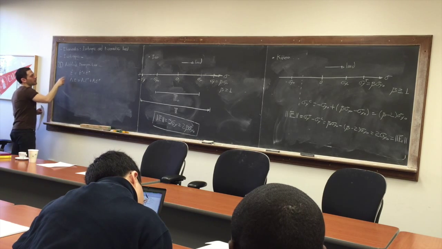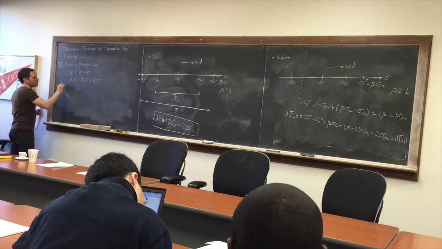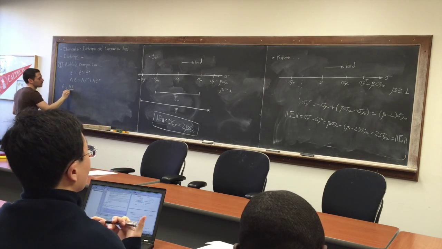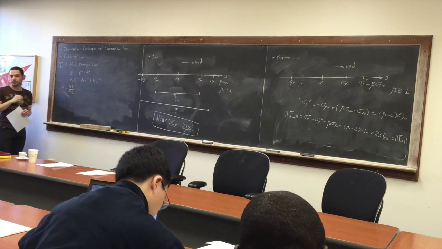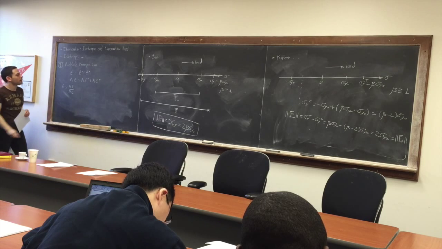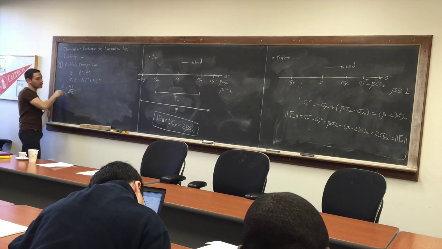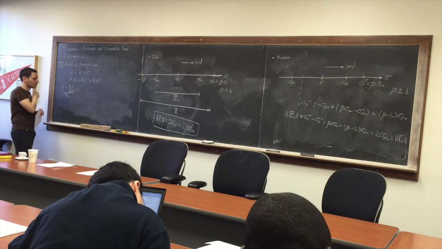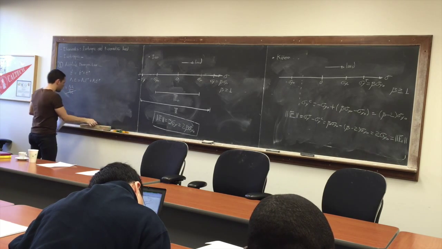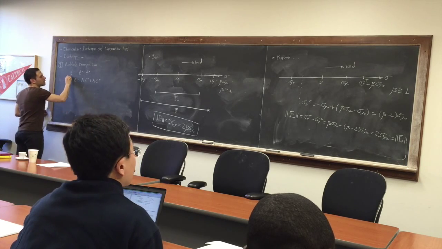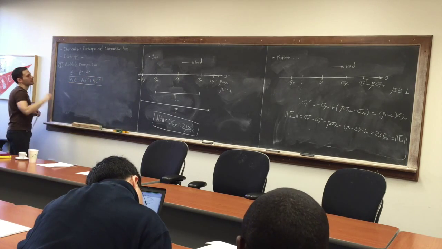Since we can write, for instance, epsilon dot equal to delta epsilon over delta t, right? Do the same thing for all of them, so we have all the delta t's gone. And we end up with this expression.